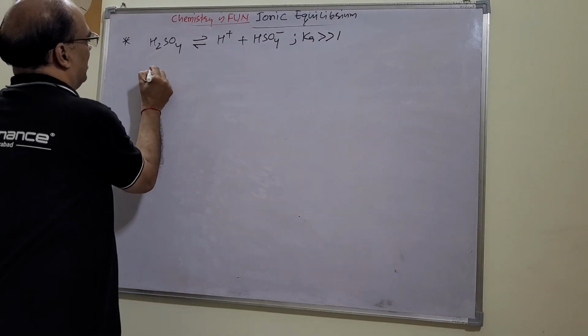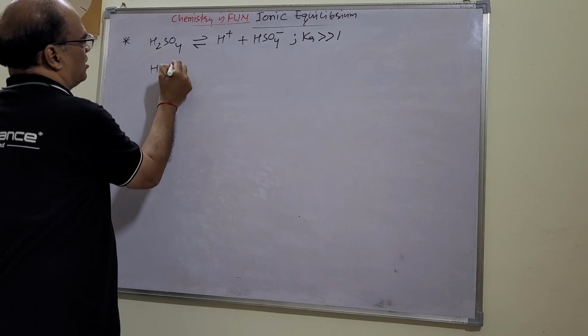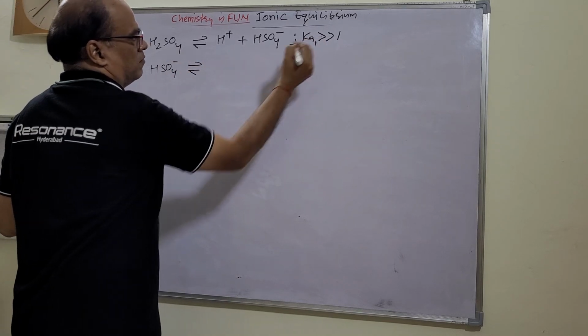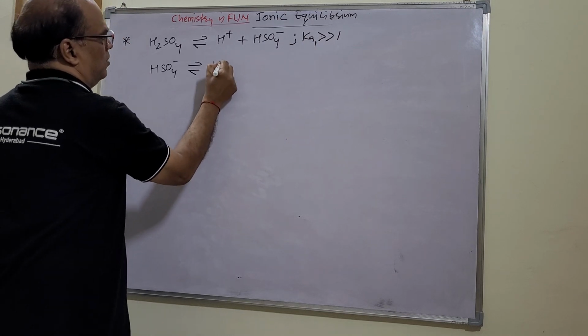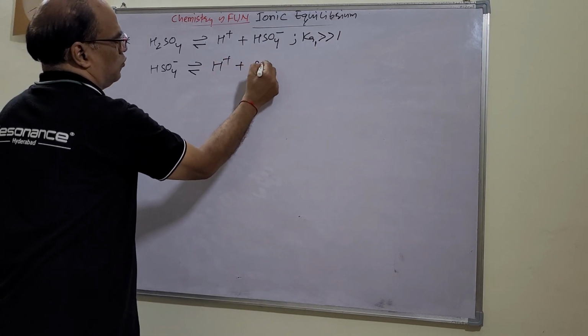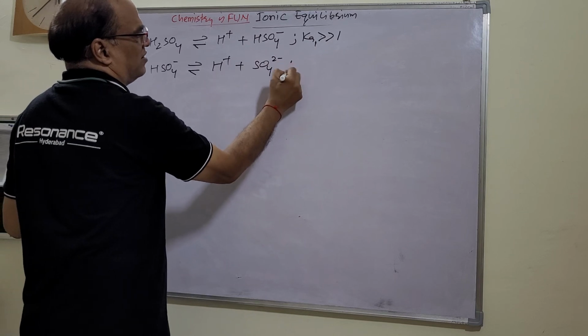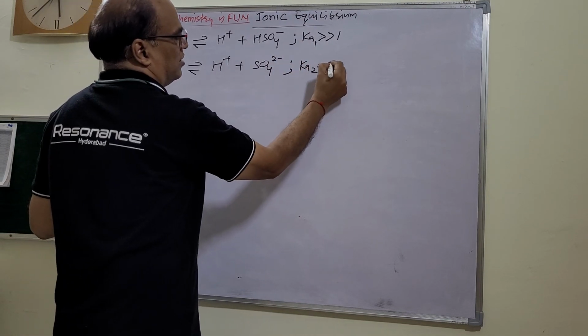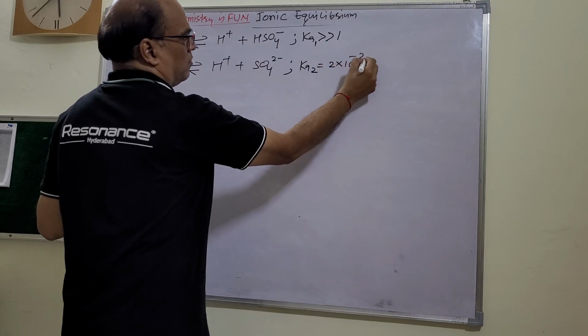Understood? Got it? If I write the second ionization, we call the first one Ka1, the first ionization constant. Now the second ionization, SO4 2 minus, is not that strong. So basically the second ionization constant Ka2 is nearly equal to 2 into 10 to the power minus 2.